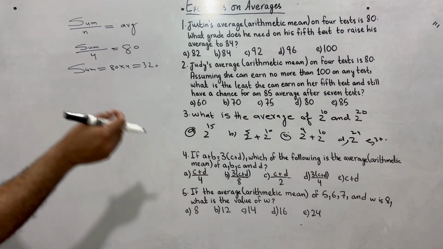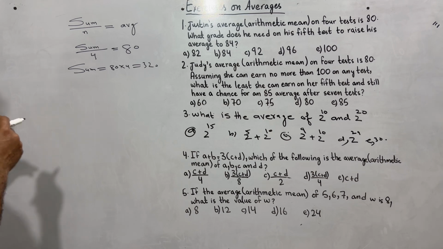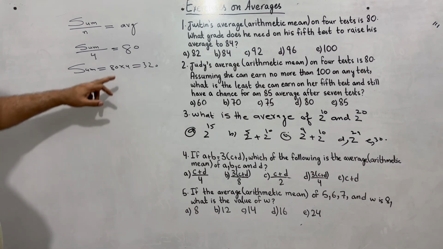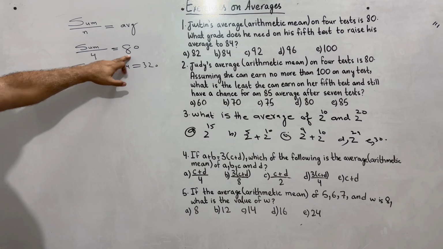Now we have to include the fifth test. We have to find how much he should score on his fifth test to raise his average from 80 to 84.